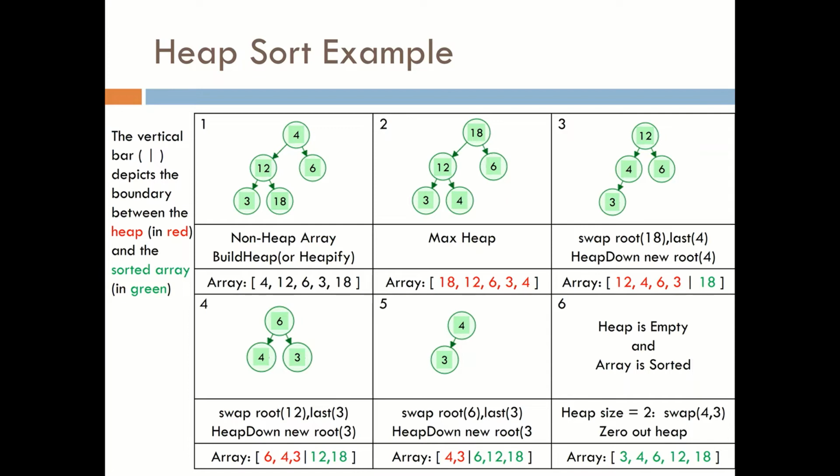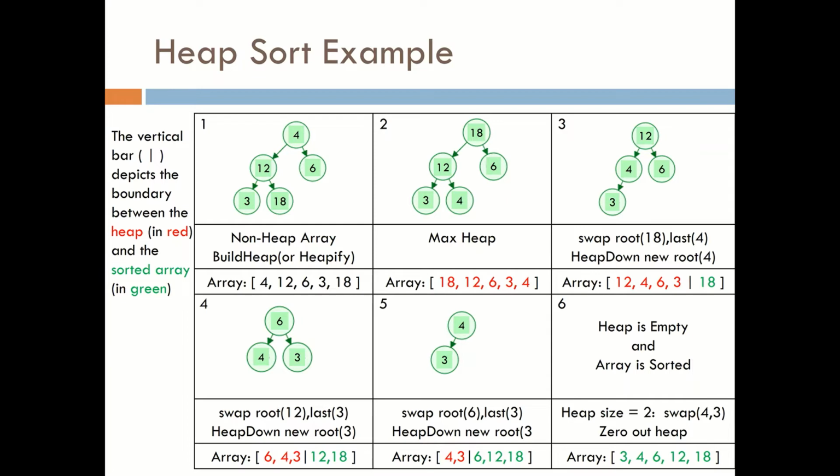And that vertical bar splits the array into the heap portion, which decreases in size by 1 each time, and the sorted array portion, which increases in size by 1 each time.